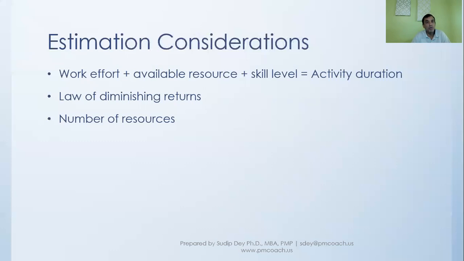Because as you increase the number of resources, some factors come in, like communication becoming more complex, and a learning curve involved with the new resources. So just by increasing the number of resources, the activity duration will not proportionally decrease.